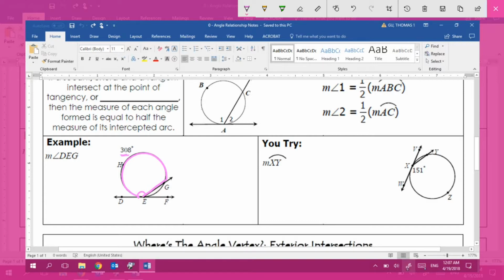You can see it's labeled right here. So if I wanted to find the measure of that angle, DEG, I'm going to take 1/2 times 308, which is the same thing as 308 divided by 2. And my answer would be 154 degrees. That's the measure of angle DEG. All right, so now you try the one on the right side. This is a working backwards one, or working the opposite direction.